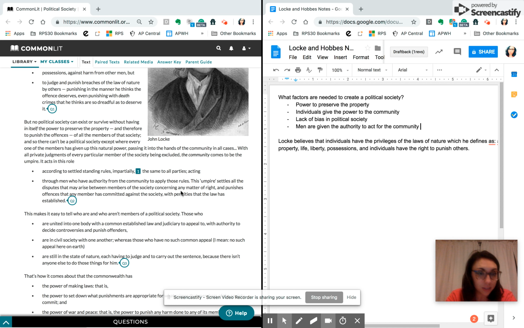This makes it easy to tell who are and who aren't members of a political society: those who are united in one body with a common established law and judiciary to appeal to, with authority to decide controversies and punish offenders.